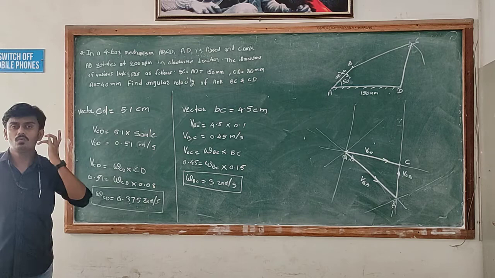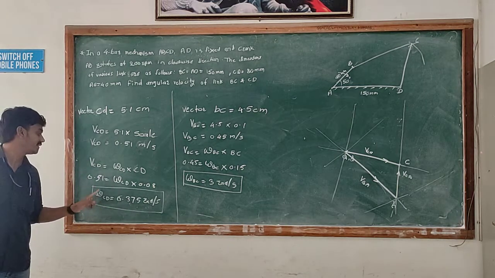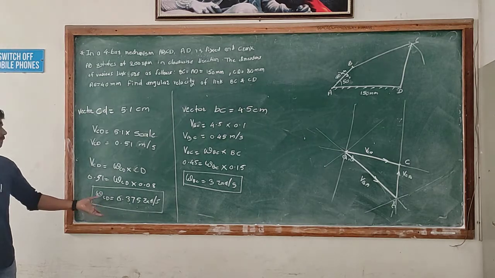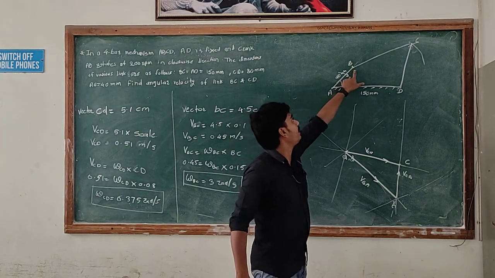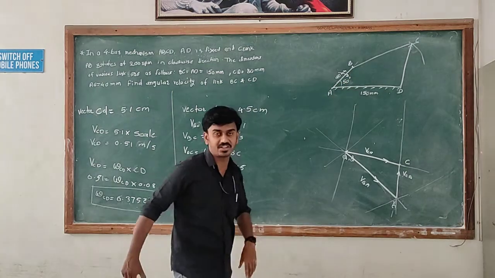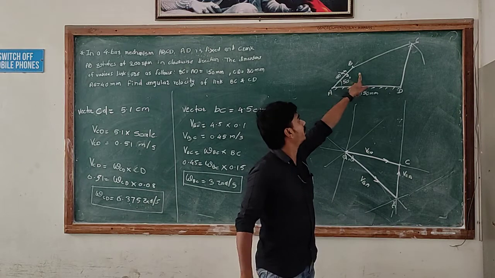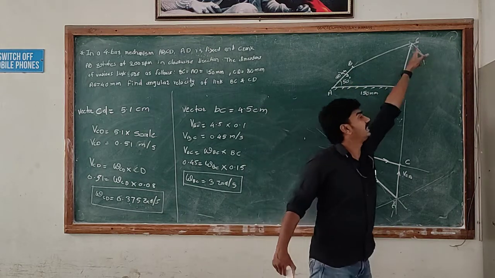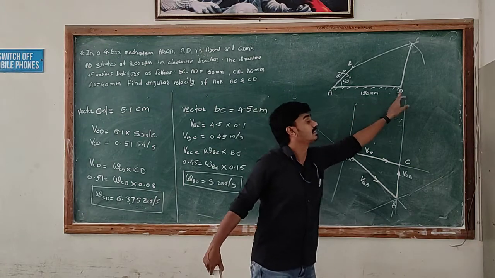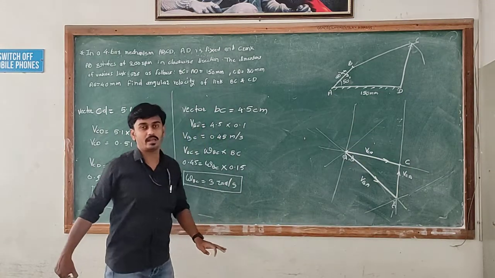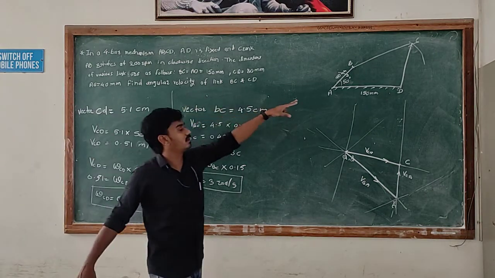Now we have to decide the direction of this link. As link AB is rotated in a clockwise direction, link CD will also rotate in a clockwise direction with center D. Imagine how this mechanism will work.